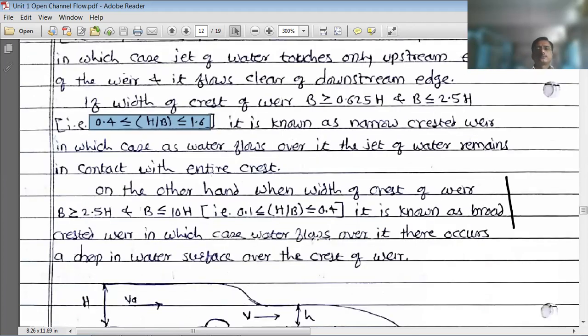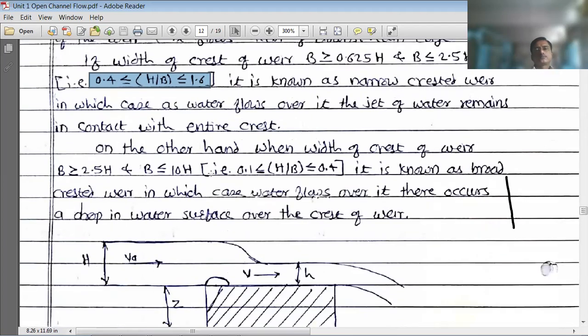Is it over? Last one: again the ratio has reduced, even less than 0.4, which means the value of h is very small as compared to the width. Write there: H by B is greater than or equal to 0.1 but less than or equal to 0.4, it is known as a broad crested weir.